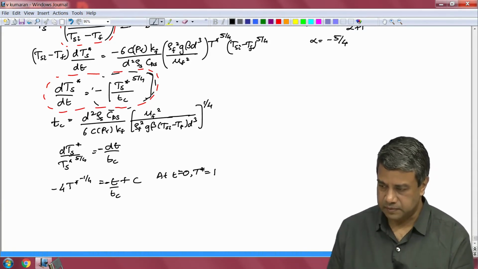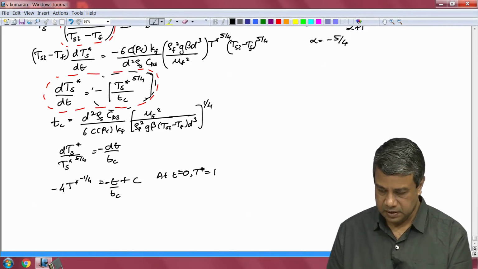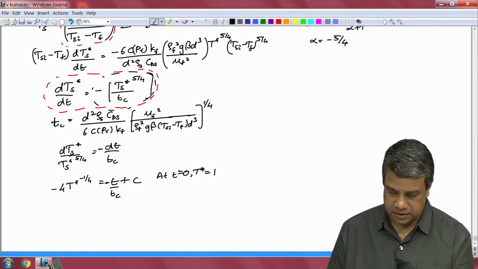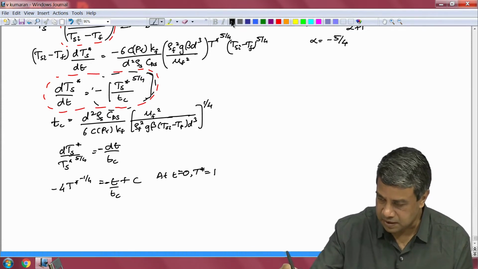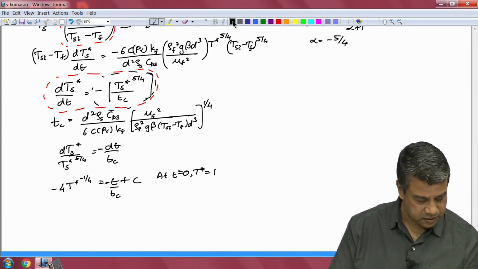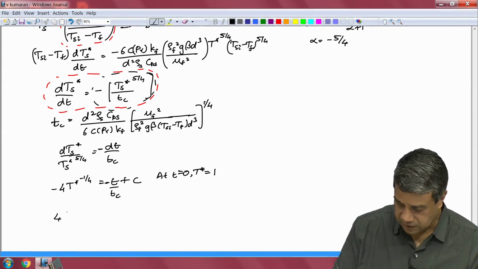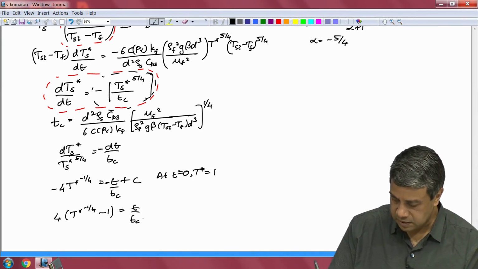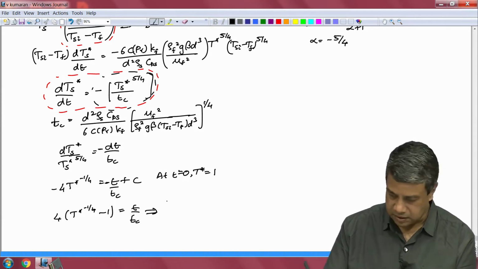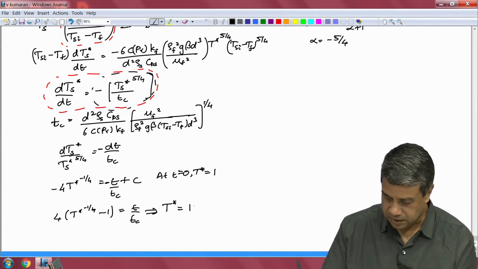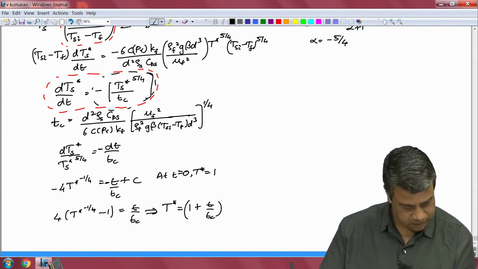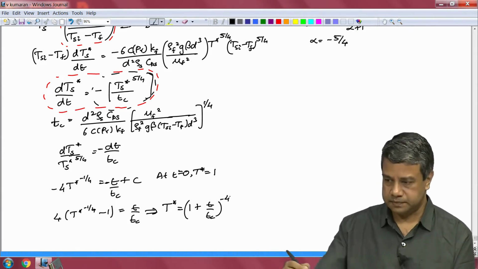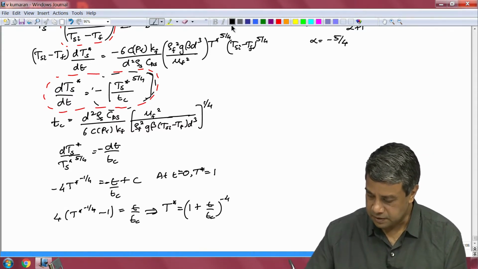So, at T equal to 0, T star is equal to 0, and if I impose that condition, I will get the final solution as 4 into T star power minus 1 by 4 minus 1 is equal to T by Tc, which implies that T star is equal to 1 plus T by Tc power minus 4. So, that is the final solution in this case.